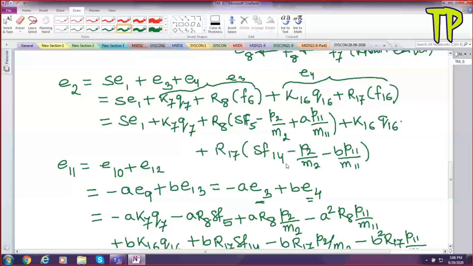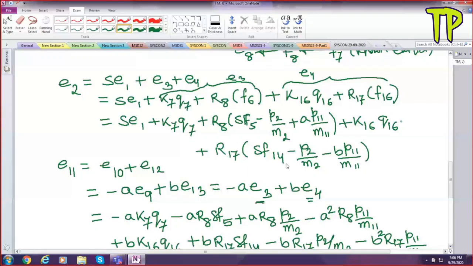So now, after this is done, we have to fill up the B matrix. In the B matrix, we have put first source of flow 5, then source of flow 14, then source of effort 1. That is the order we have put. So our coefficients for SF5 will be R8, for SF14 will be R17, and for SE1 will be 1. So coefficients will be R8, R17, 1.